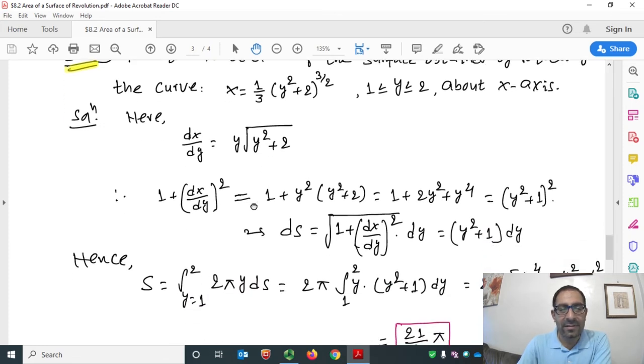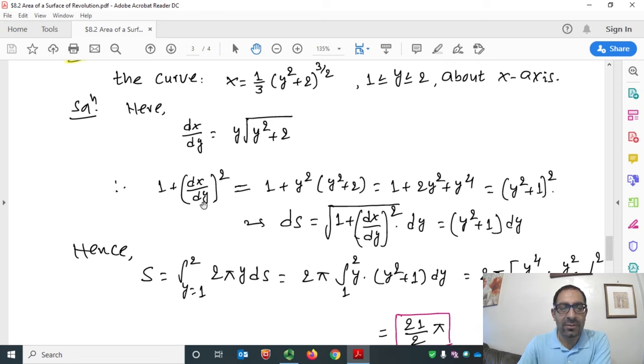Then find these expressions. 1 plus dx over dy, all squared, so this expression goes to the value of ds later. This equals 1 plus this y square plus this y square, and the radical cancels, so only y square plus 2, FOIL, and these 3 terms turn into this binomial square.